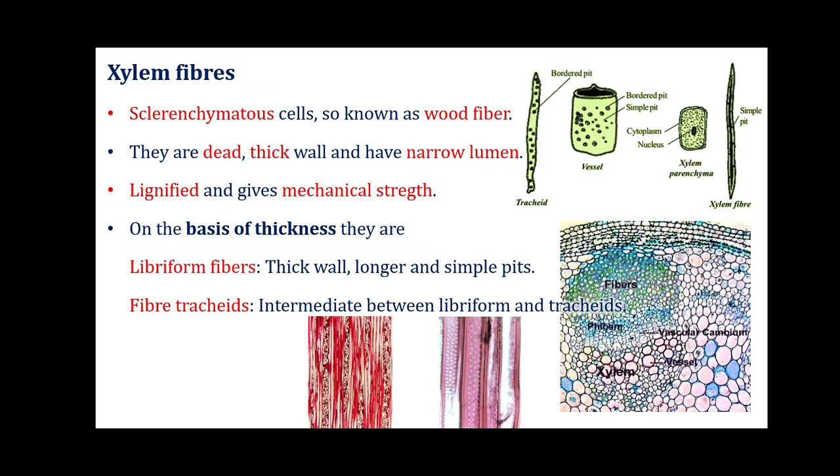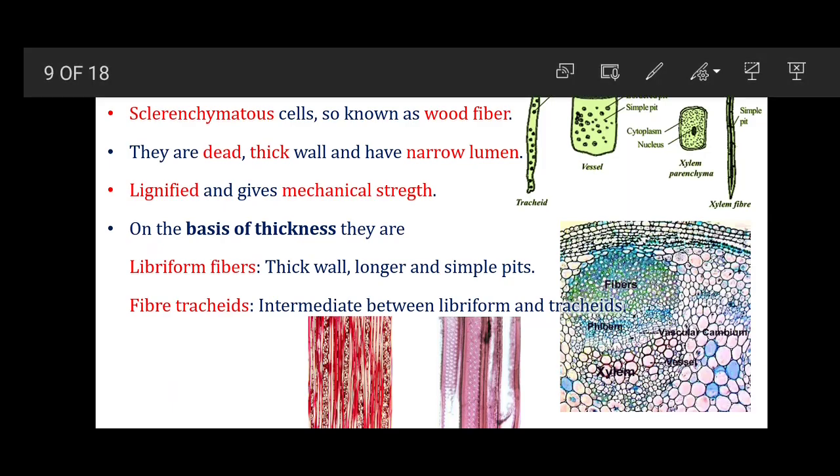In the image, you can see the different categories. The first image, which is red color, here this represents the libriform fiber, and this represents a fiber tracheid. Now in this image, you can stop the video and observe the various types of tissues which are shown.